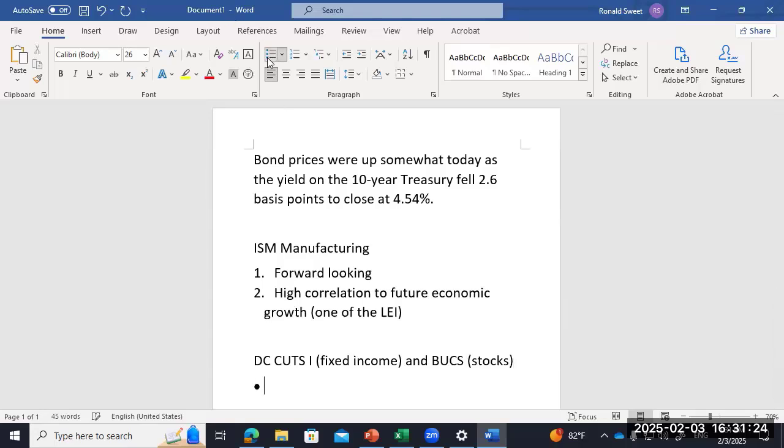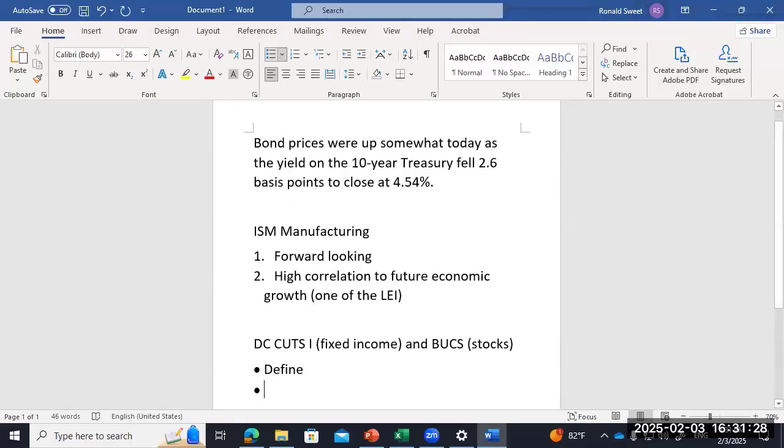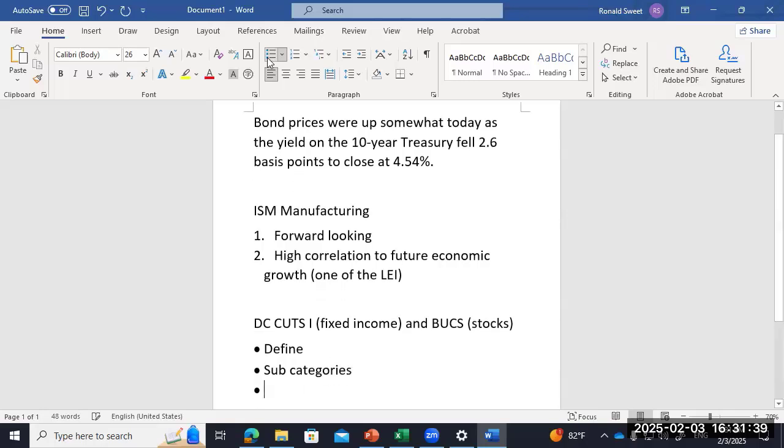For each one of these, what you want to do is define it. What is duration? What is it talking about? You want the subcategories. And then you want the strategy.